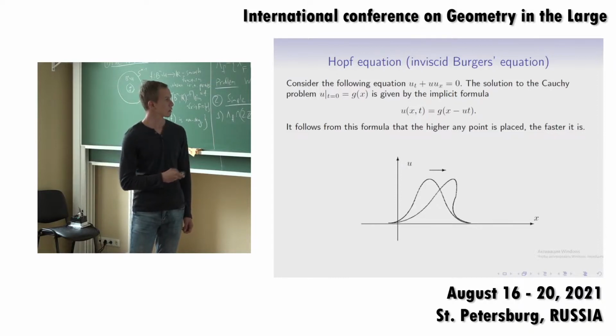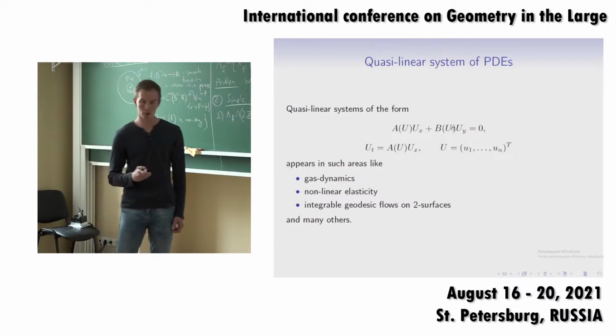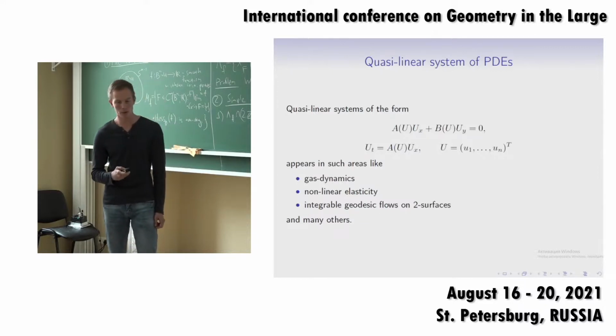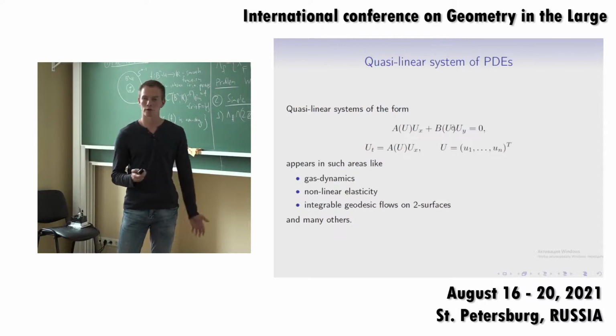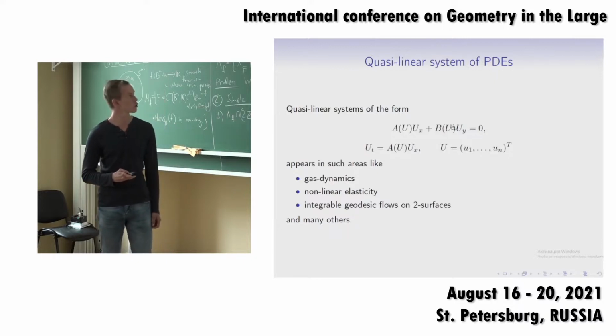It concerns the global behavior of solutions to such systems, and the main problem here is that in a typical situation, if we, for example, choose arbitrary matrices A and B, consider a Cauchy problem with certain initial data for the system, then almost always some derivatives at some points go to infinity and the solution blows up.